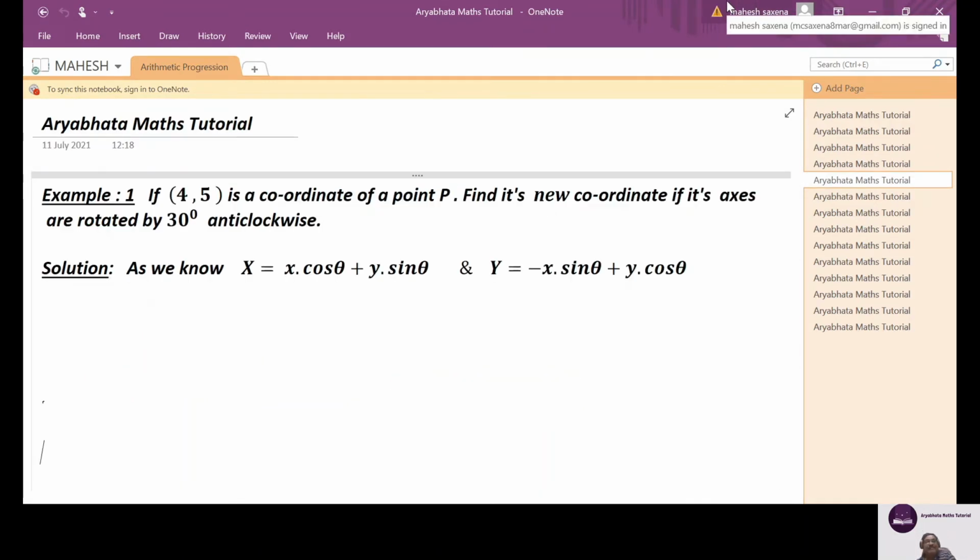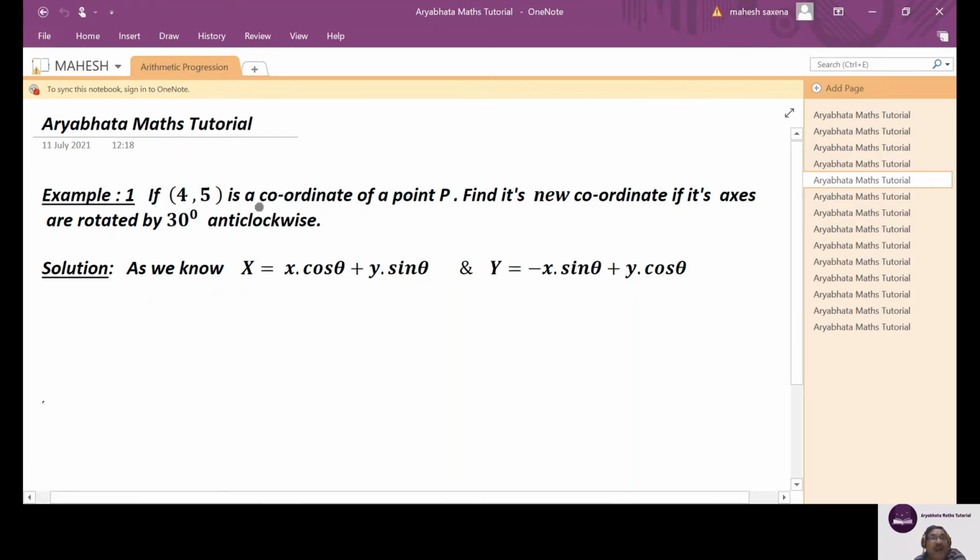Now we take an example. Suppose (4, 5) is the coordinate of a point P. Find its new coordinate if the axis is rotated by 30 degrees anti-clockwise. As the axis is rotated 30 degrees anti-clockwise, in this case theta is equal to 30 degrees.